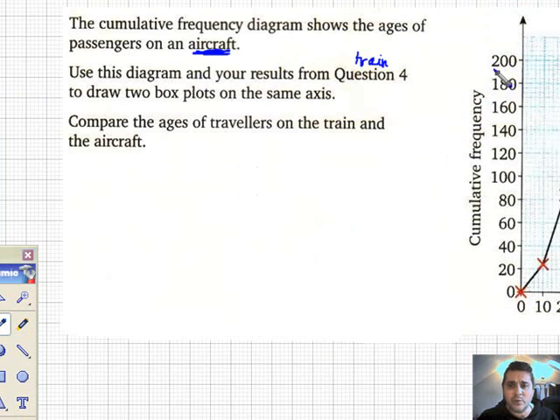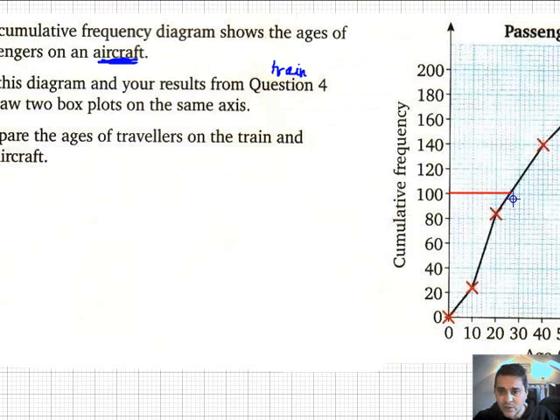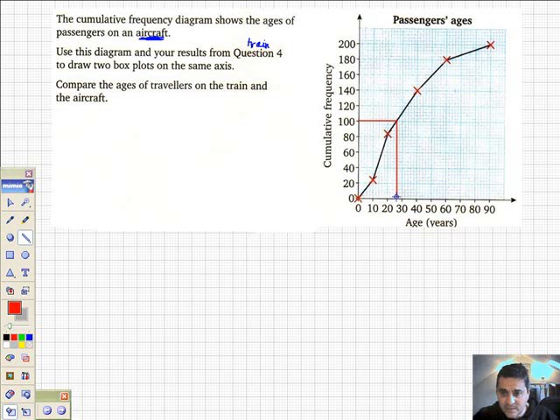So here we go. We've got 200 passengers this time, not 400 on the train. So the median's going to be, well, obviously the middle one, that's that one right there. Let's go red, it stands out quite nicely. So the 100th person is going to express the median age of people on the plane. So that comes straight down like that. Again, not perfect, but there are possibilities and limits thereof.